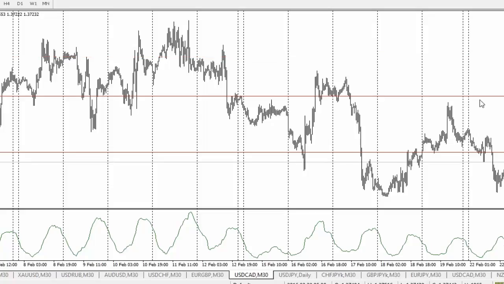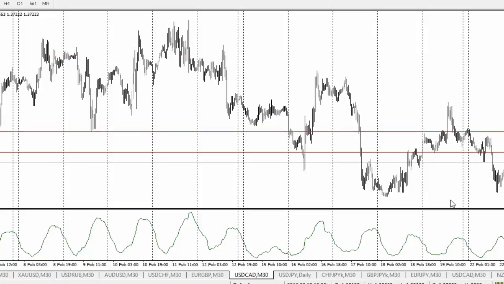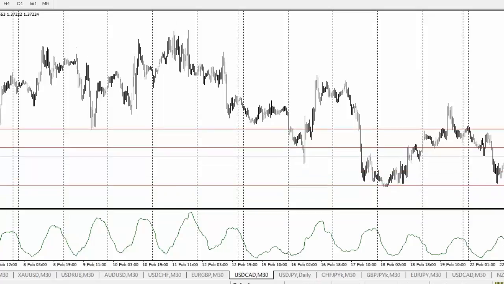The high of the day was 1.3786. If you measure 100 pips below, you get 1.3686. Or the daily ATR is equal to 130 pips, so it is 56, right? It is 56. It's your possible target.